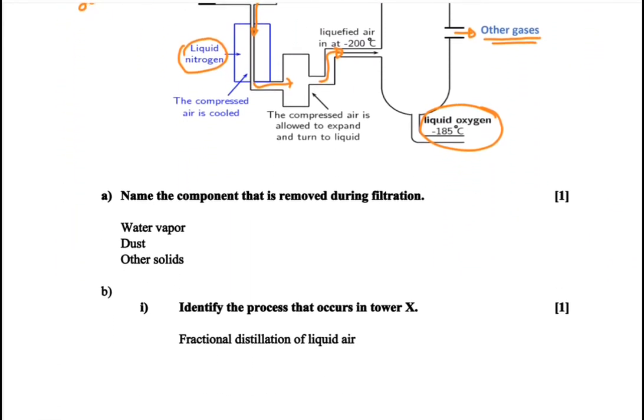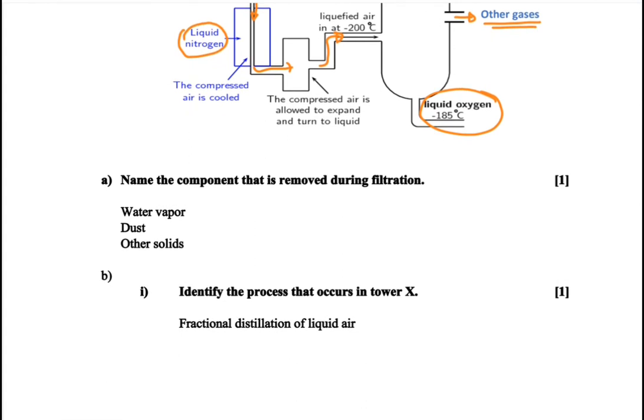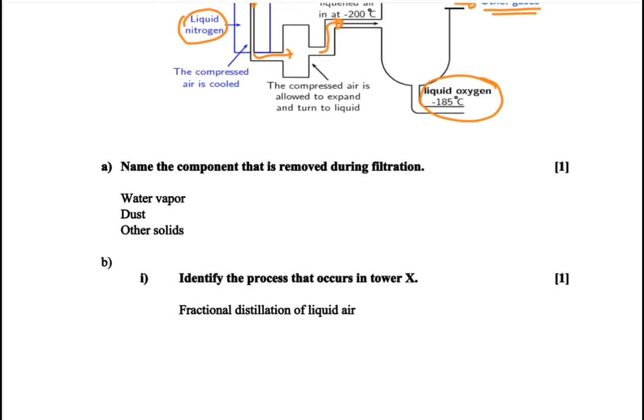The first question asks: name the component that is removed during filtration. The components removed are water vapor, dust, and other solids.